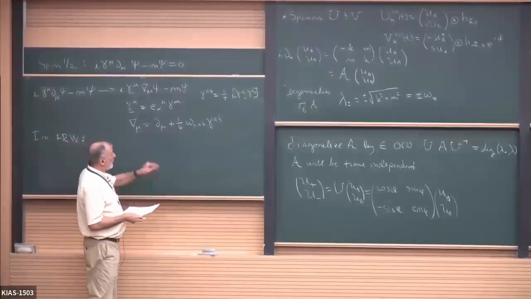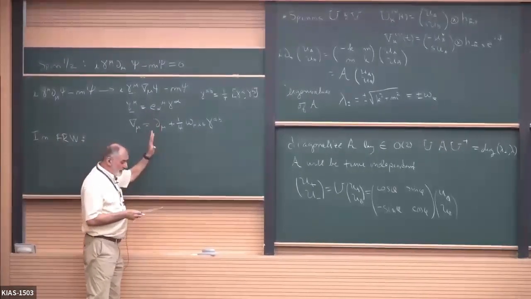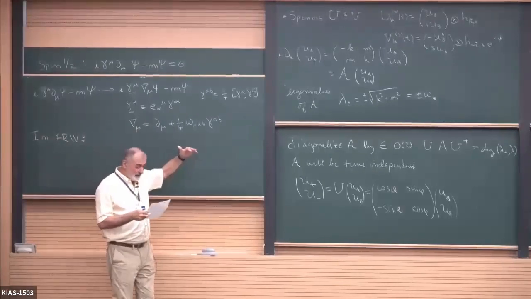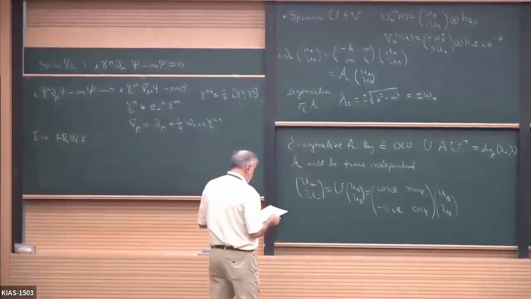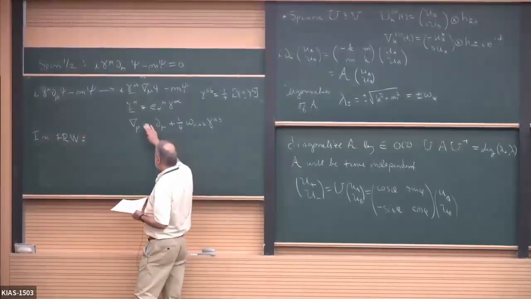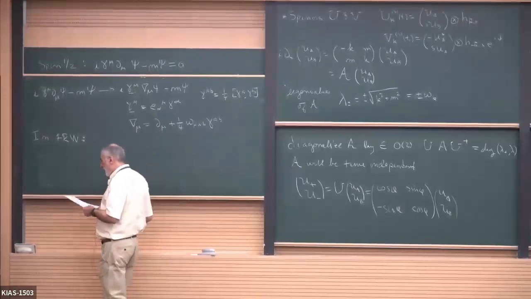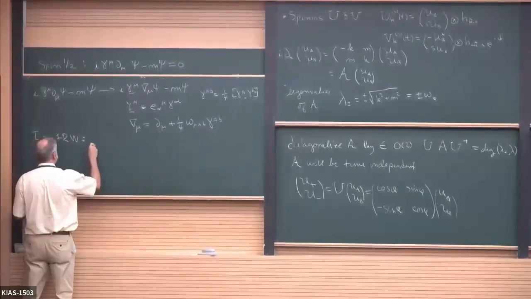In the paper I've given you, I want to have it expressed just in FRW. You can calculate what the frame fields are in FRW, and I'll just quote the result.